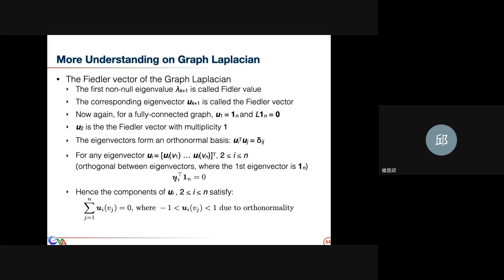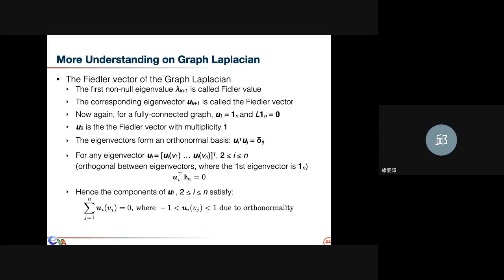So that is to say, for all the other eigenvectors, because of the orthogonality with respect to the first eigenvector, their inner product will be equal to zero.